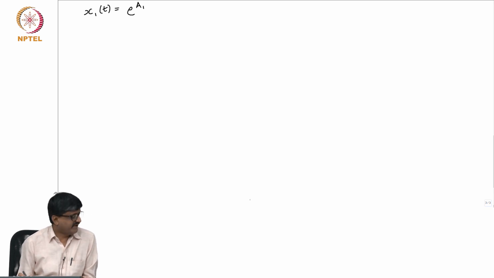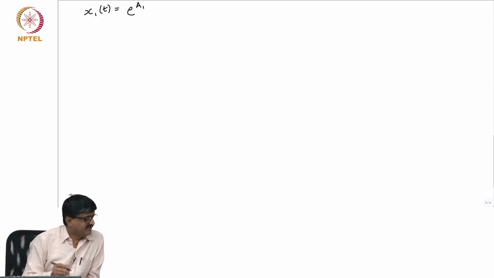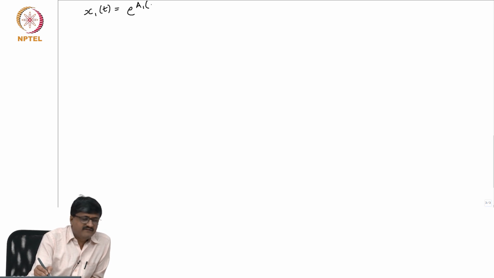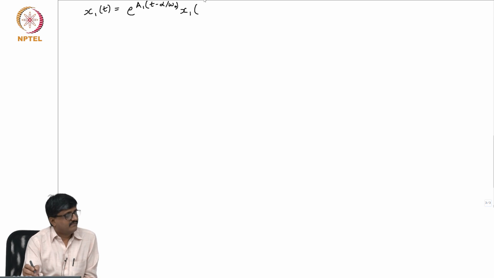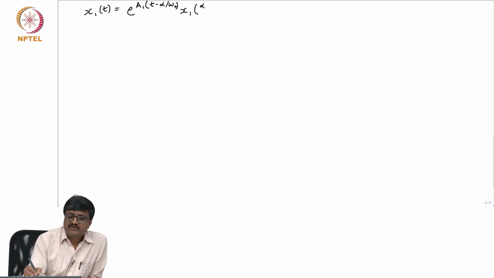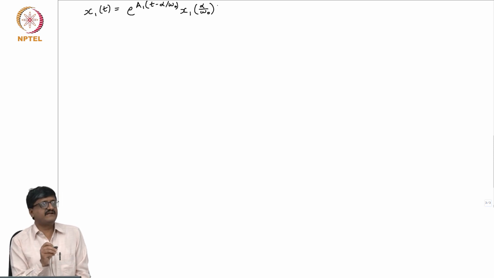Now, I do not have t naught. What is there in place of t naught? Alpha by omega o is there in place of t naught. So, the solution is exponential of A1 into t minus alpha by omega o into x1 of alpha by omega o. I assume that the initial condition is the value of x1 at alpha by omega o, the instant of starting of the first subinterval.